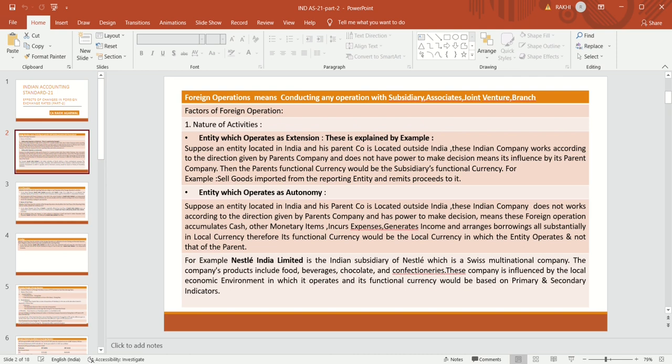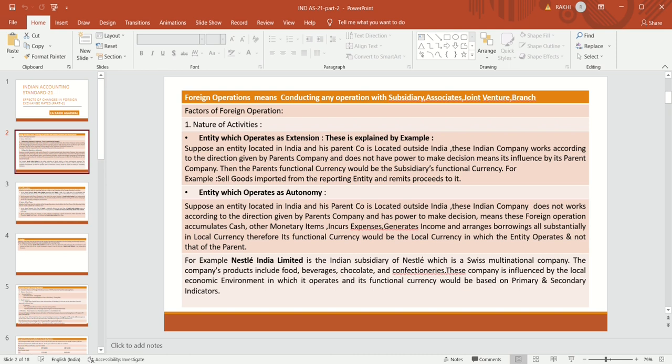After that the subsidiary works according to its own decisions, collects its own money, sells goods according to its customers, and incurs and operates its own costs. All the cash flows are its cash flows. Loans are taken by it only and paid by it only. So all the decisions are taken by the subsidiary. It's an independent subsidiary. The parent's duty is only to give funds at the initial stage.